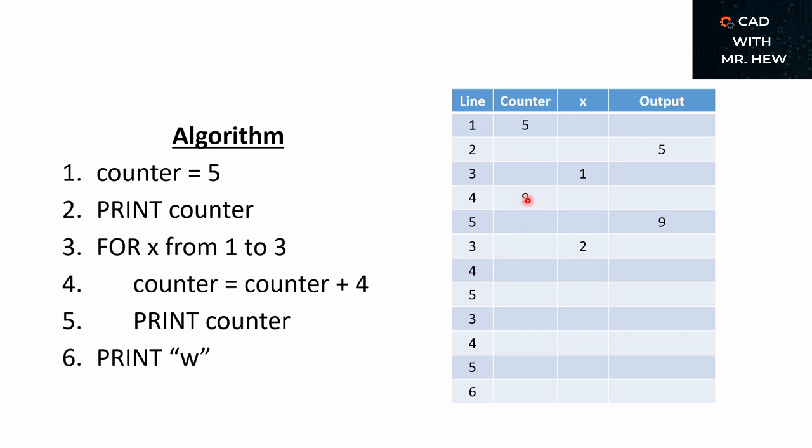The last value for counter was 9. We're going to add 9 and 4 and get 13. So here we have counter is 13 for line 4. Then at line 5, it says print counter. The value in counter was 13, so we'll be printing 13 on the screen.